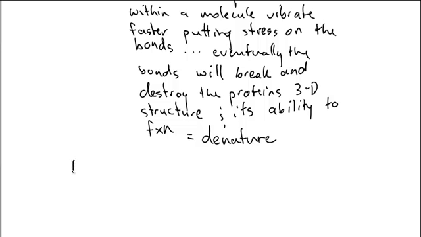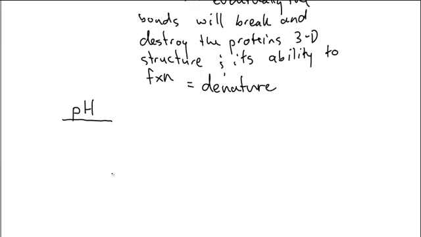Then we look at pH. We were saying that the body has to maintain certain pHs in certain regions, and the proteins that are in that region function at those pHs, and if we mess with that, we mess with the protein and therefore their function. Just recall, acids are defined by their ability to release H plus ions.